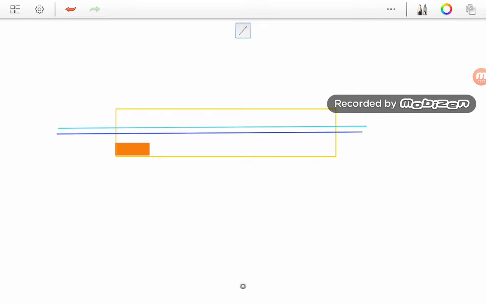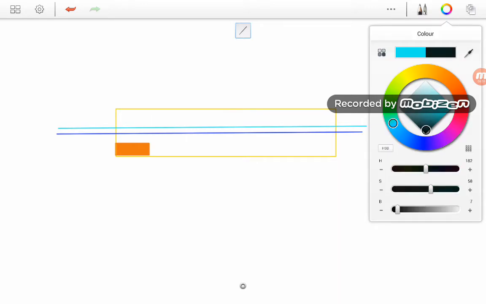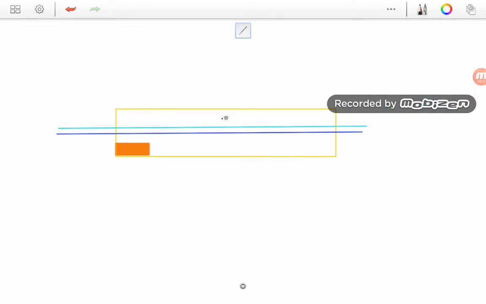This was the center of gravity, and here was our initial center of buoyancy.